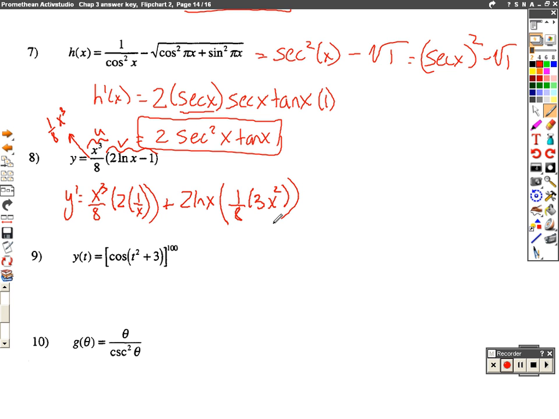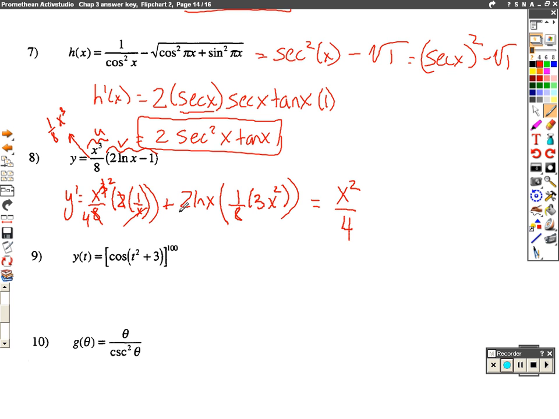Alright, putting it all together, it looks like we have the 2 and the 8, they're going to cancel, and that's going to become 1/4. So that's going to become a 4. And we've got an x up top and an x below, so this is going to become x squared, this x is going to go away. And so this first term will have x squared over 4.